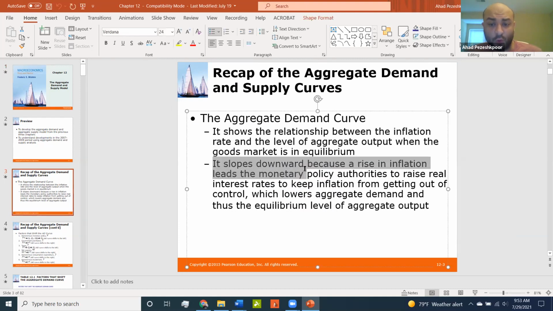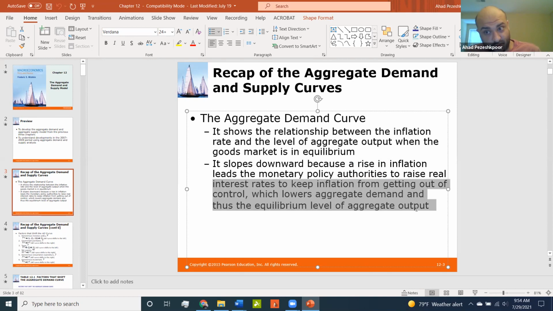It slopes downward because a rise in inflation would make the central bank, in the United States the Federal Reserve, or the Fed, respond by raising the real interest rate. Why? To fight that increase in inflation, to keep inflation from getting out of control, which lowers aggregate demand and thus the equilibrium level of aggregate output.